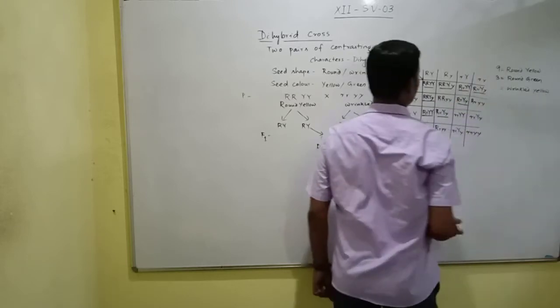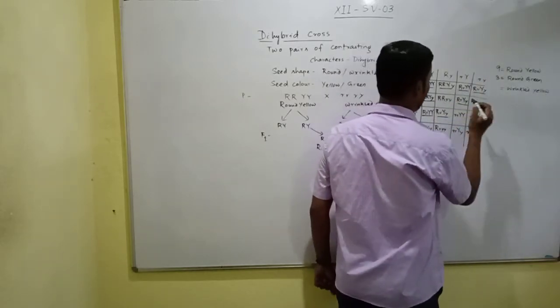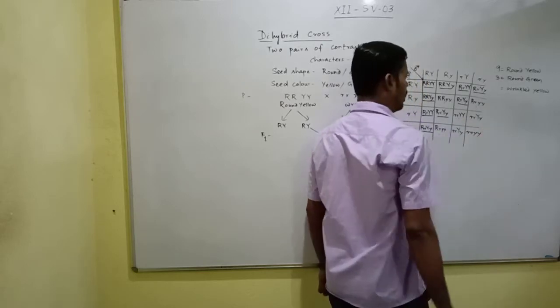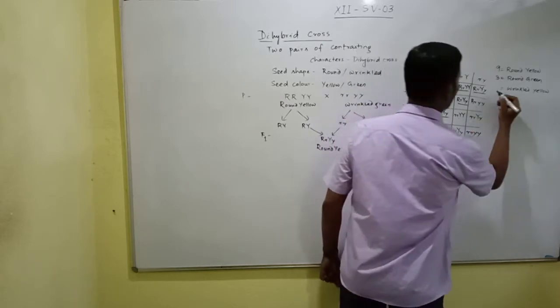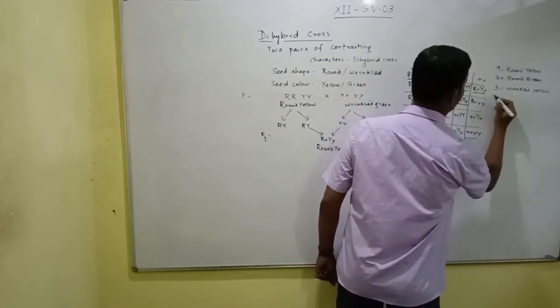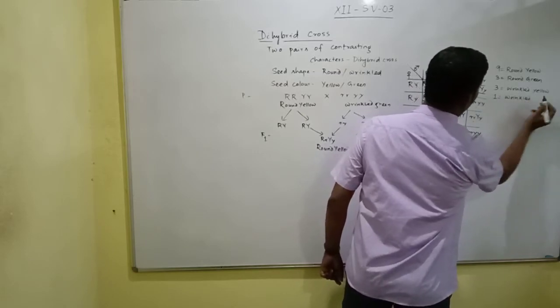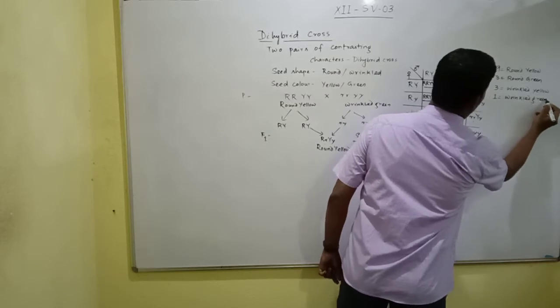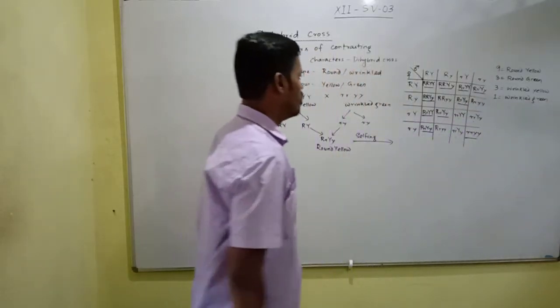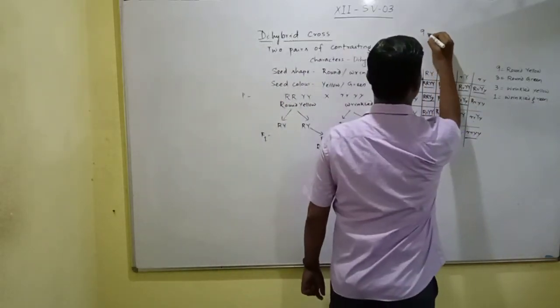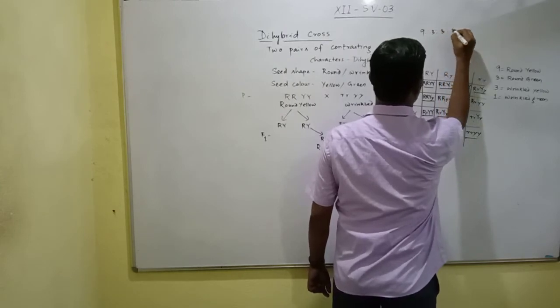What will be their population percentage? Wrinkled yellow. So this one, wrinkled yellow, 3, and only one will be parental, wrinkled green. So the phenotypic ratio is 9:3:3:1.